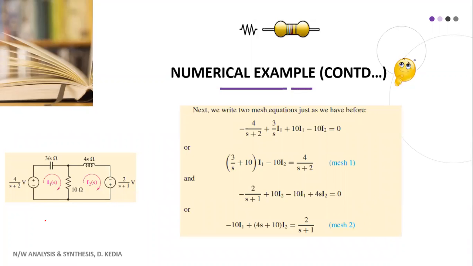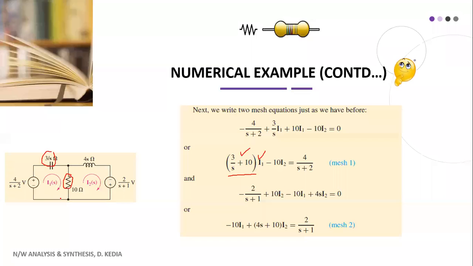So let us see here that this is the first mesh. So what do we have here? We have 3 by S plus 10. These are two resistances in series, into I1, that is I1(S).